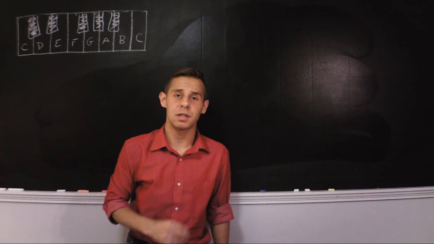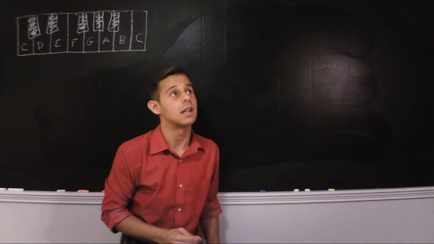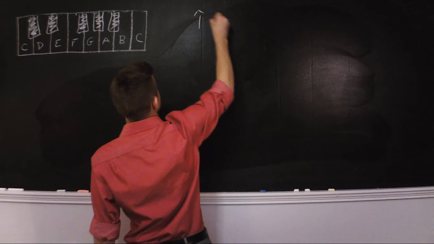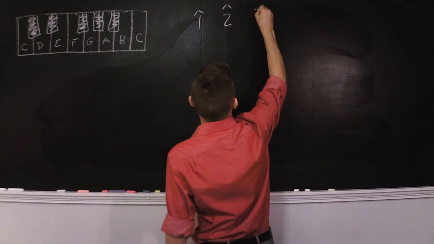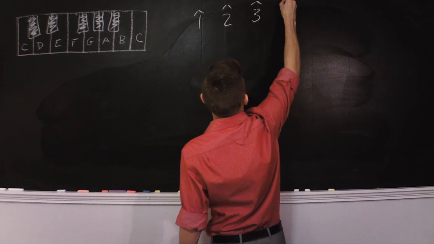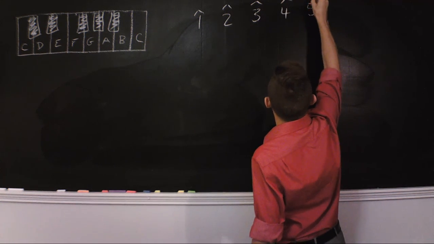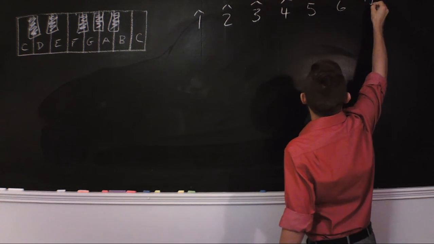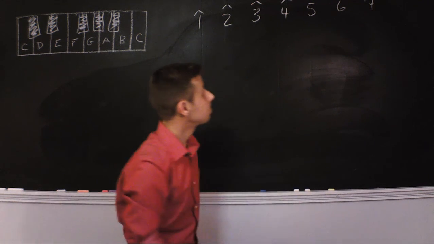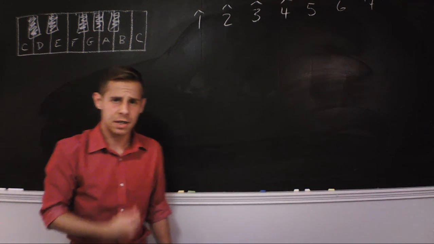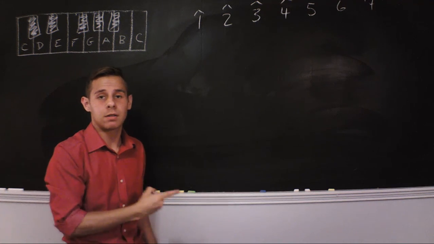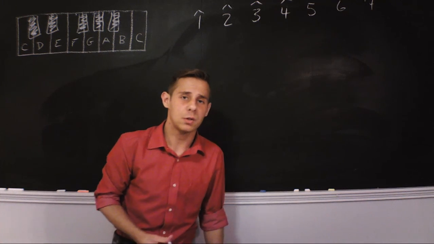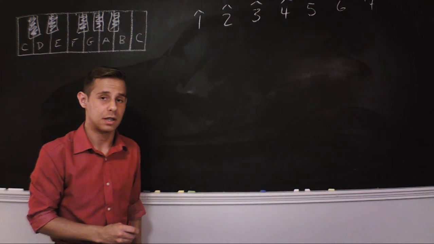Okay, so I'm going to write up the 7 scale degrees of the major scale as a general cliff note for us up above. If we're thinking about a major scale, we have 7 unique degrees. Scale degree 1, 2, 3, 4, 5, 6, and 7.